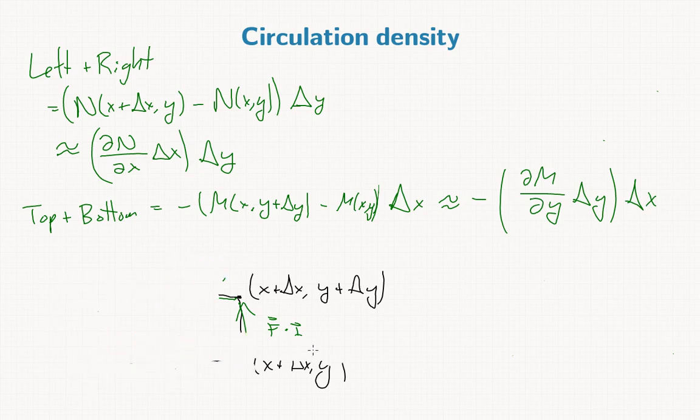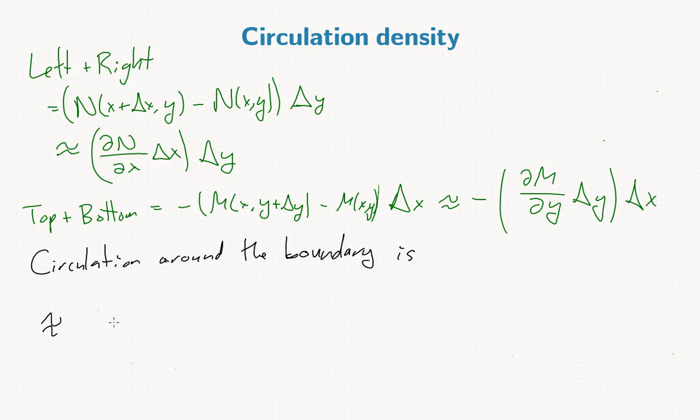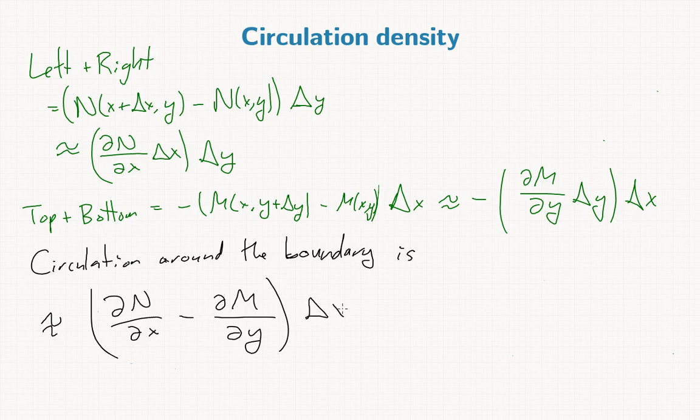So summing these, the total circulation around the boundary is approximately del N by del x minus del M by del y, and then all of that times delta x delta y.